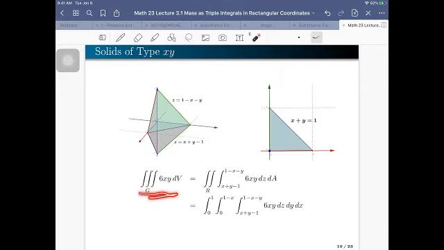The triple integral of 6xy over G dV will be a double integral of a single integral. The single integral will be the integral of 6xy dz, and you evaluate z equals the lower limit and z equals 1 minus x minus y, which is your roof, the ceiling function.